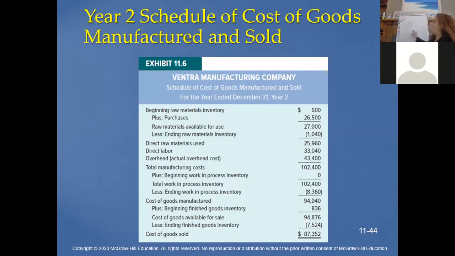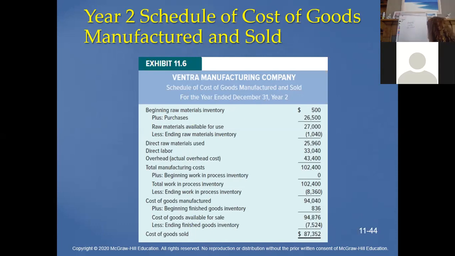When we're talking about overhead, it's the end of the year, you should have your actual. As long as you have your actual costs, you want to go ahead and put the actual on there. Then it gets a little hairy, because when we're talking about inventory, we can't just put however many materials we spent. It has to be the cost of the materials that we have sold.